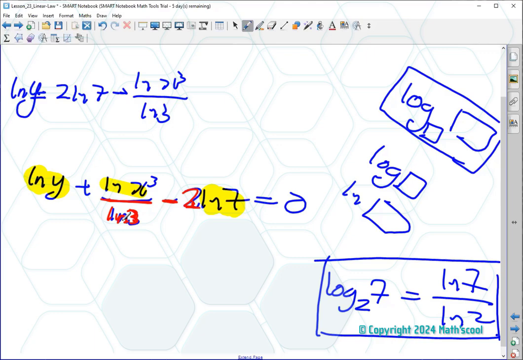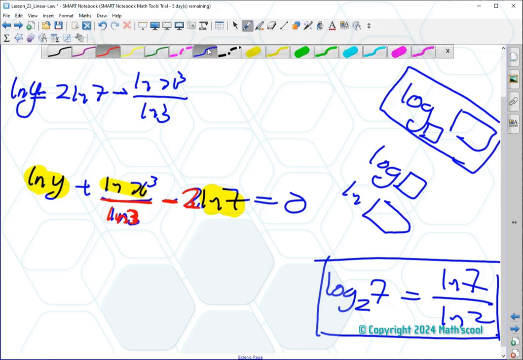So would you multiply everything by ln 3? I don't. That's not gonna be nice. That's gonna make it even worse. You know, ln 3 is just a number. Look, I'll type ln 3 into my calculator. It's just like 1.1.